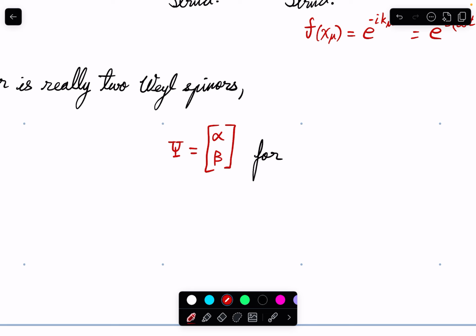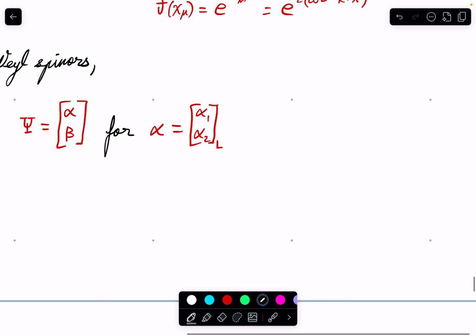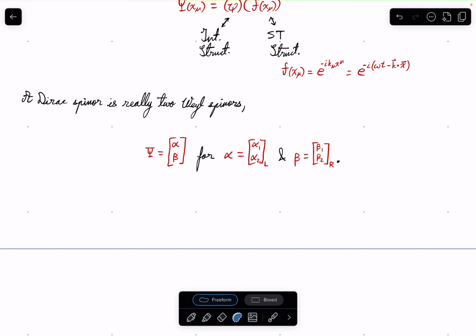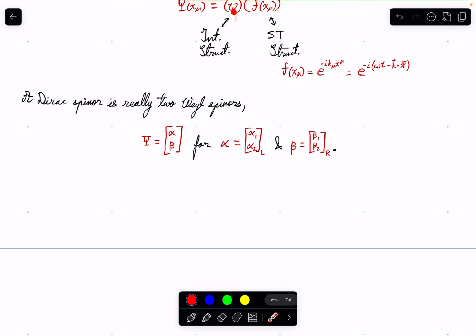So for alpha, which has alpha 1 and alpha 2 components, this is a left-handed Weyl spinor. And then there is the right-handed Weyl spinor. So this is what the internal structure is going to basically convey, that they are different components of a Weyl spinor.